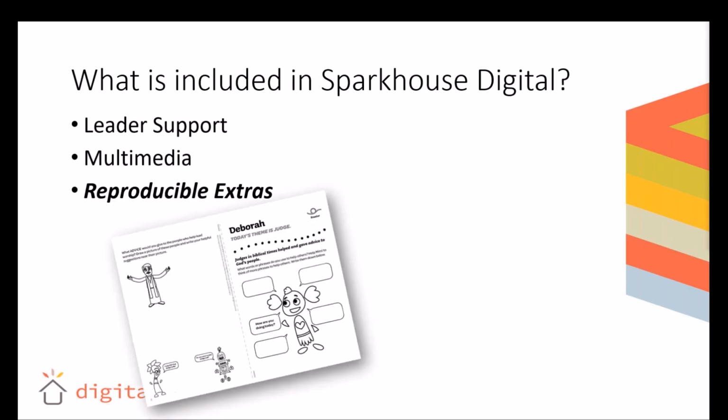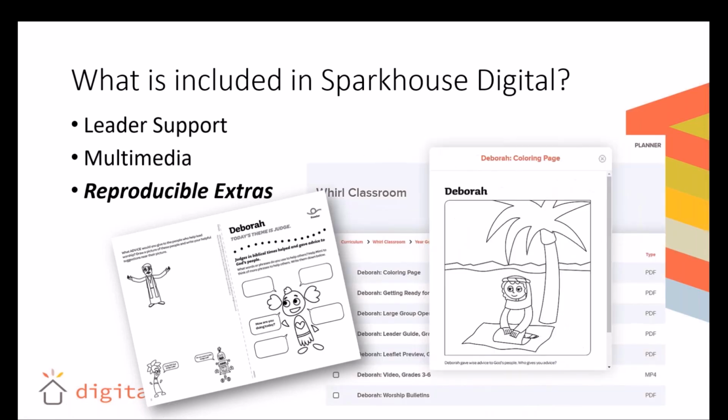Reproducible extras: all your children's bulletins are in Sparkhouse Digital, a couple versions of children's bulletins for Spark and for Whirl. There are a lot of coloring pages, art activities, wildcard extras, and all kinds of different blackline masters that you can download right out of Sparkhouse Digital.